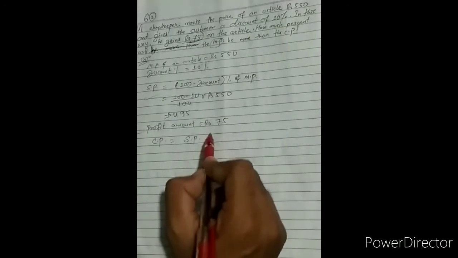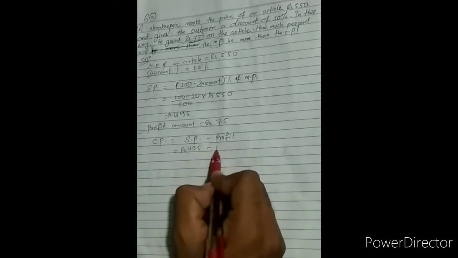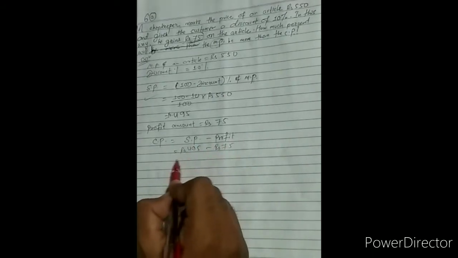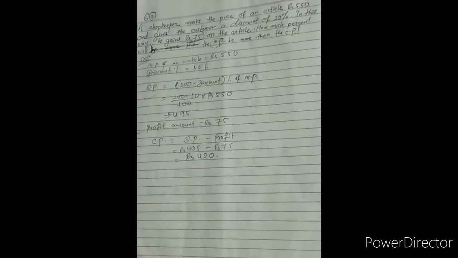So from SP we have to subtract profit. SP is 495, profit is 75. 495 minus 75 is 420. So the cost price of that article is 420.